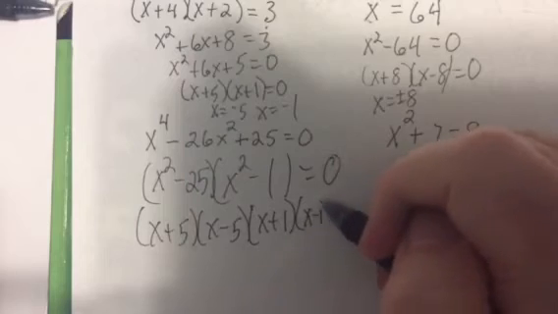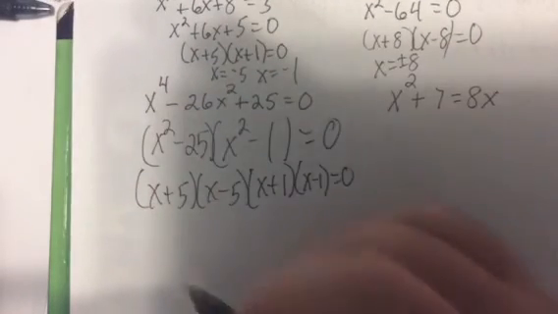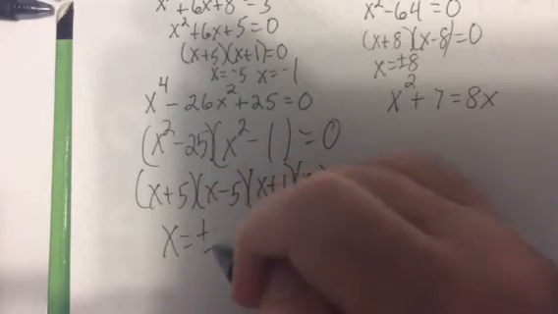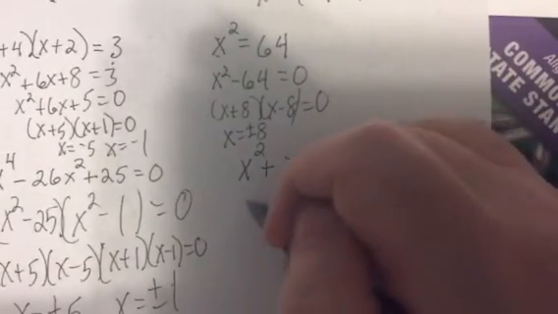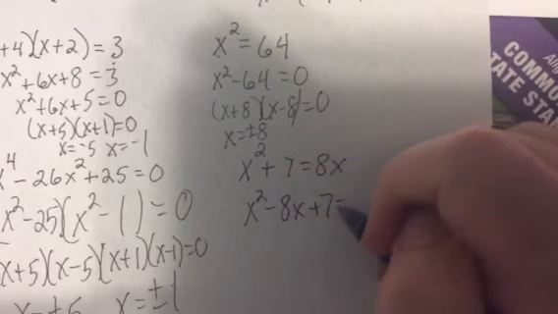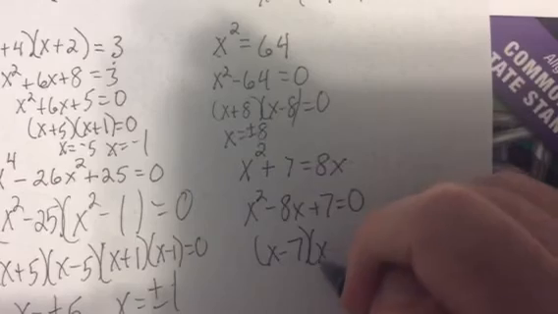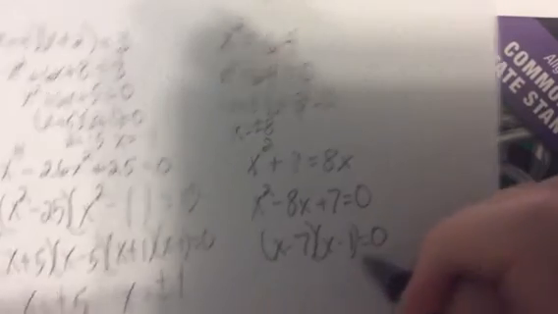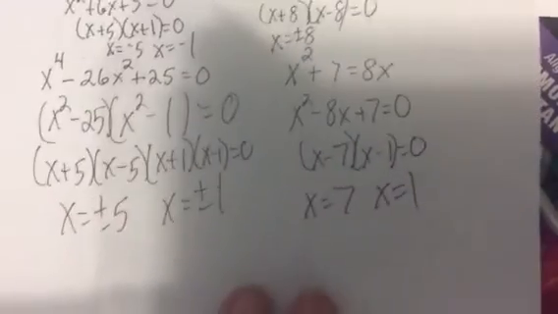So x equals plus or minus 5, x equals plus or minus 1. And this one, subtract 8x, so x squared minus 8x plus 7 equals 0. Here's x minus 7, x minus 1 equals 0. So x equals 7 or x equals 1.